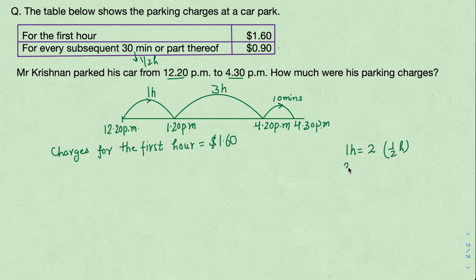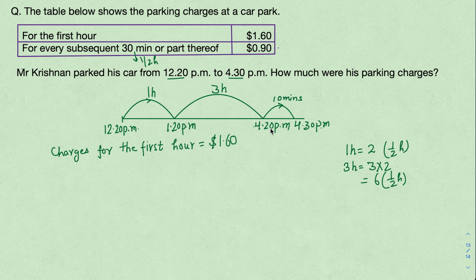So in 3 hours, it will be 3 times 2, there will be 6 half hours. So that means he has to pay for this duration from 1:20 p.m. to 4:20 p.m. 6 times 90 cents, because for every half hour it's 90 cents.